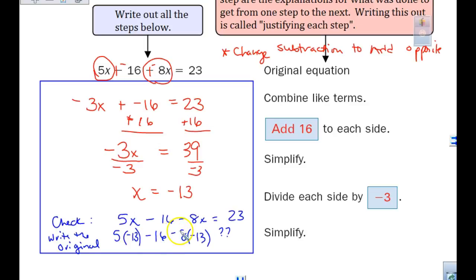Get a calculator if you don't have one. When you come in, grab a calculator. Some of you still aren't typing it in. Type this whole thing in your calculator, write down what you got and check with your shoulder partner right now.